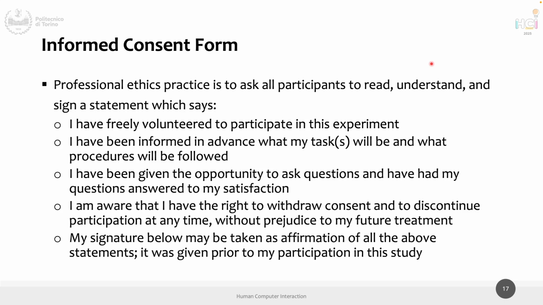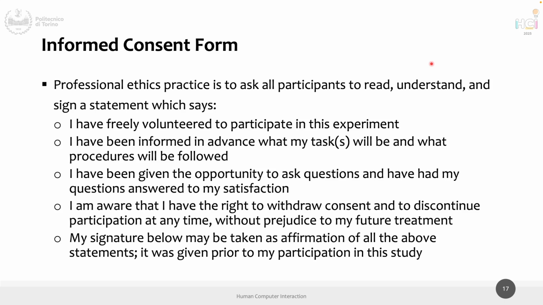Second, I've been informed in advance what my task will be and what procedure will be followed. Third, I've been given the opportunity to ask any question, any clarification, and I've had my questions answered to my satisfaction. Fourth, I'm aware that I have the right to withdraw consent and to discontinue participation at any time without prejudice for my future treatment.